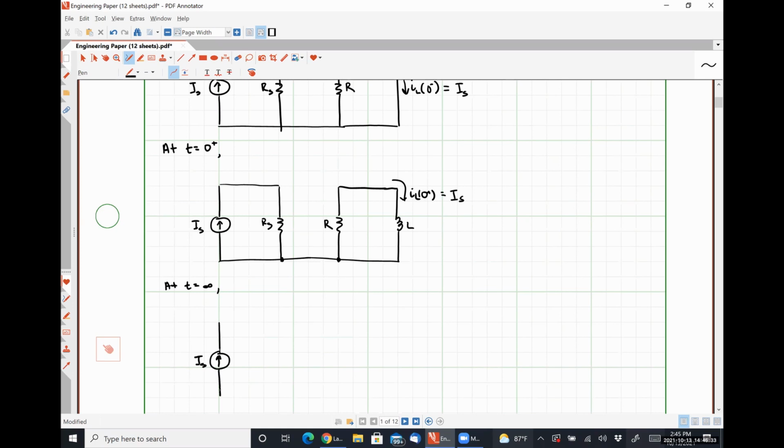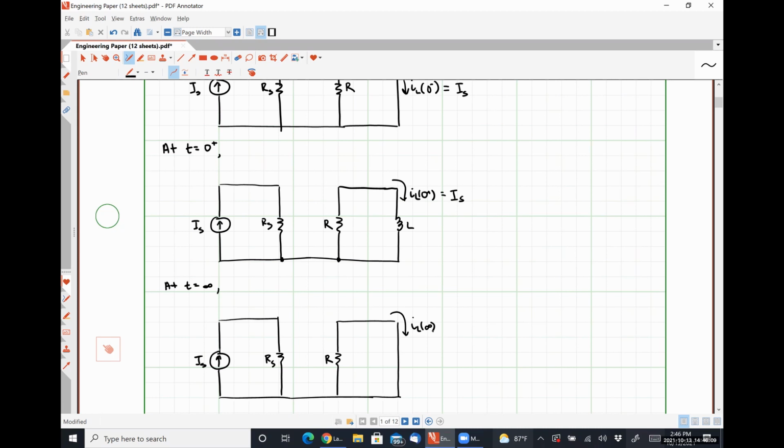We're going to have IS in parallel with that resistor RS, and then we're going to have R in parallel with a short circuit again, okay? Here's our current IL at infinity. And again, this at infinity bit means after all of the energy stored by the inductor has been converted into heat by the resistor.